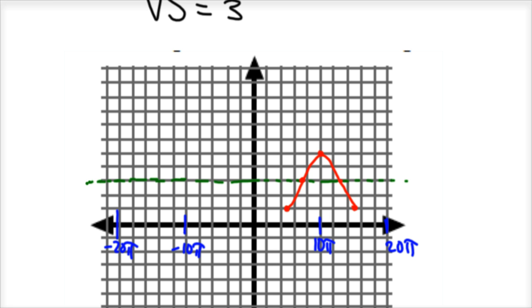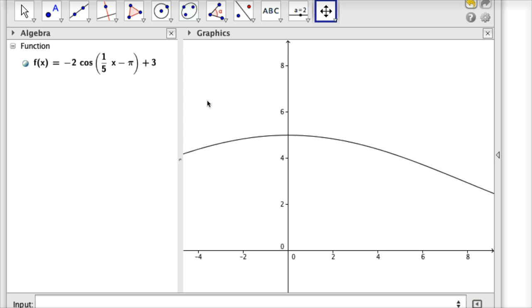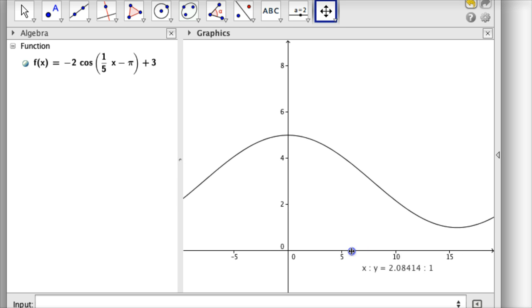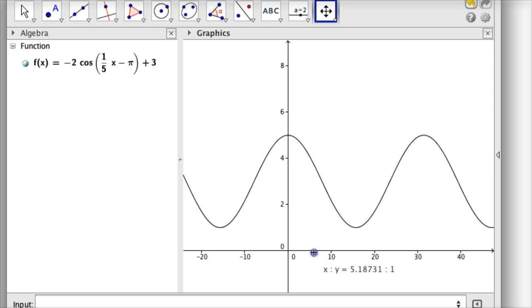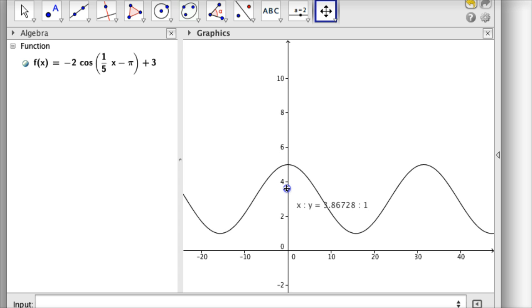And again, you can go back through and do the rest, but I'm running out of time now. And I'll just show you quickly what it looks like in GeoGebra. So let me pull up GeoGebra. And so this is kind of cool. I went ahead and graphed it, and you can see that it's a really long graph. I'm going to change my x scale to fit in a full curve. And so there you can kind of see it.